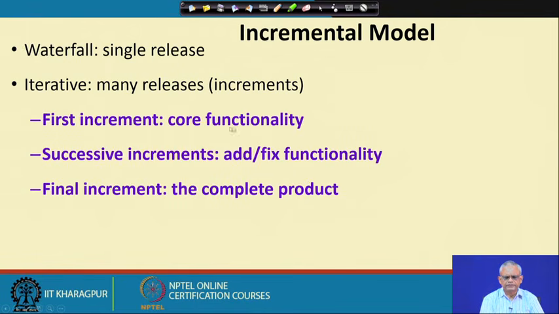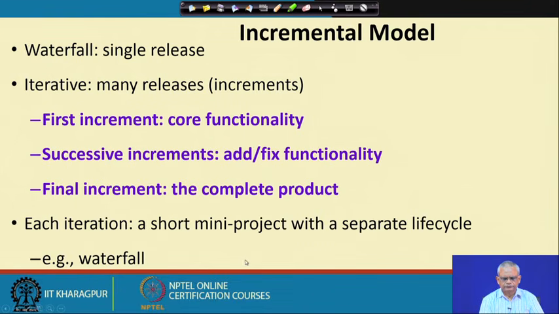The first increment is typically the core functionality, and on each increment new functionalities are added, and some parts are modified as the customer provides feedback, and the final increment is the complete product. But then each iteration is a short mini project which may use a life cycle like waterfall.